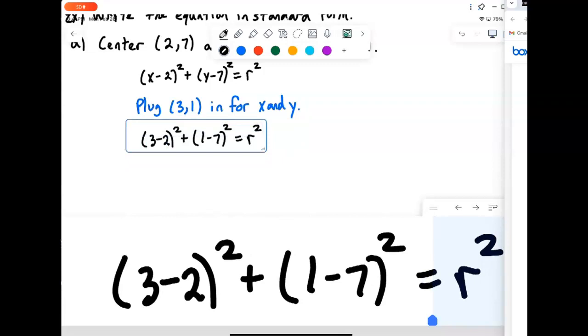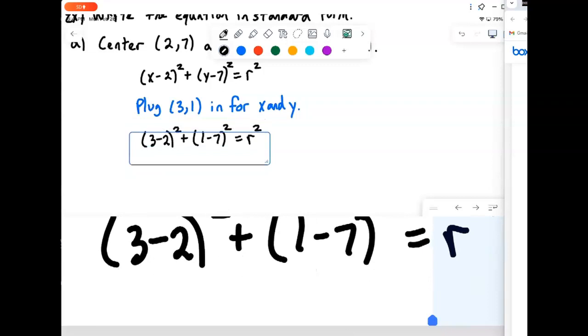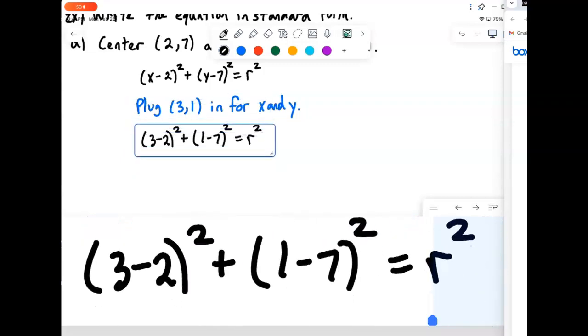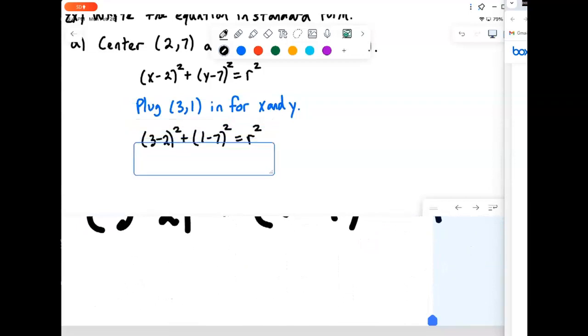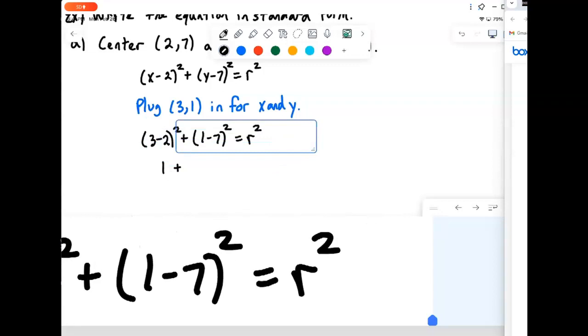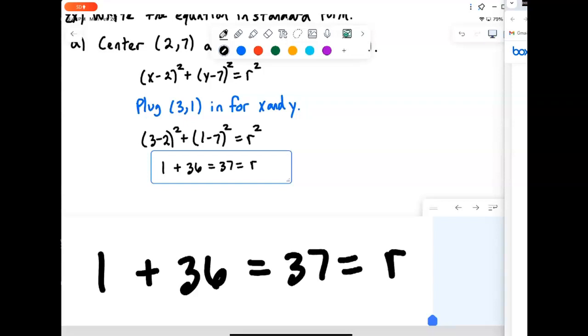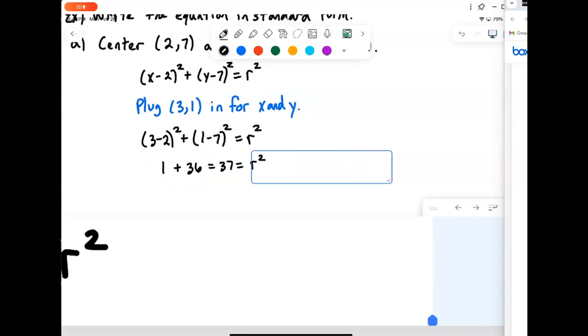And we just go through and we simplify. 3 minus 2 squared would be 1 squared, which would be 1. 1 minus 7 will be negative 6. Negative 6 squared would be positive 36. So I have 1 plus 36 equals 37. And so that is r squared.